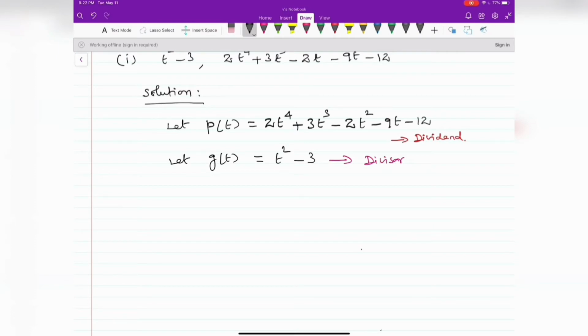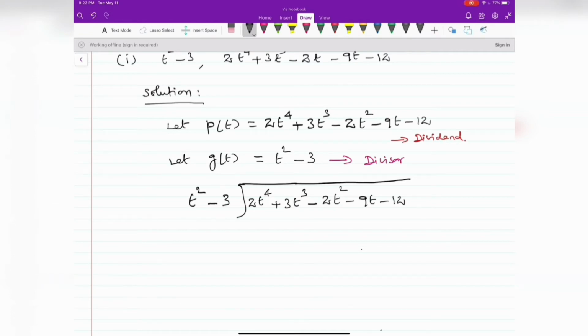2t power 4 plus 3t cube minus 2t square minus 9t minus 12 divided by t square minus 3. Now, if you see the dividend, the first term is 2t power 4, whereas in the divisor I am having t square.